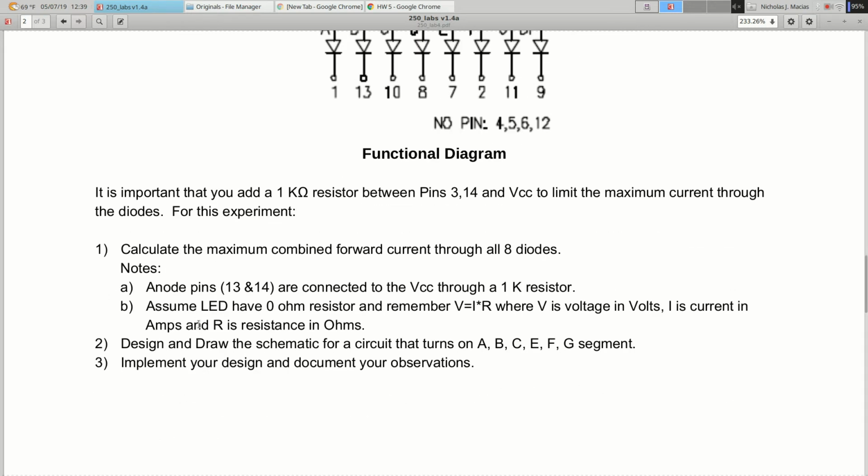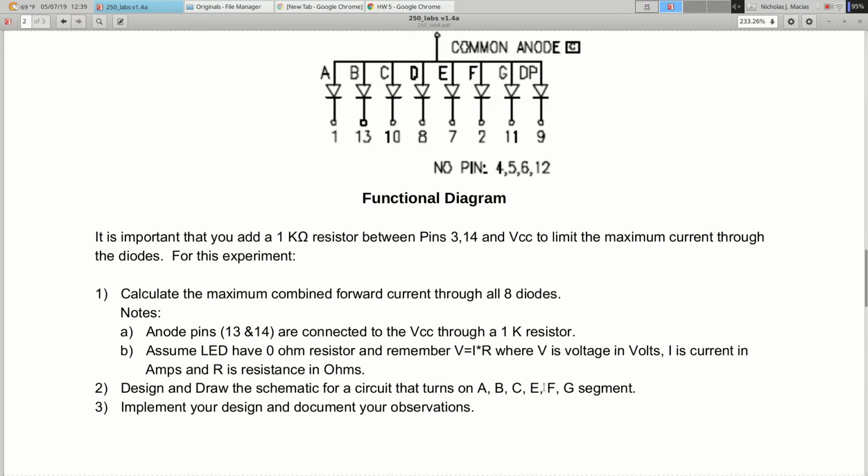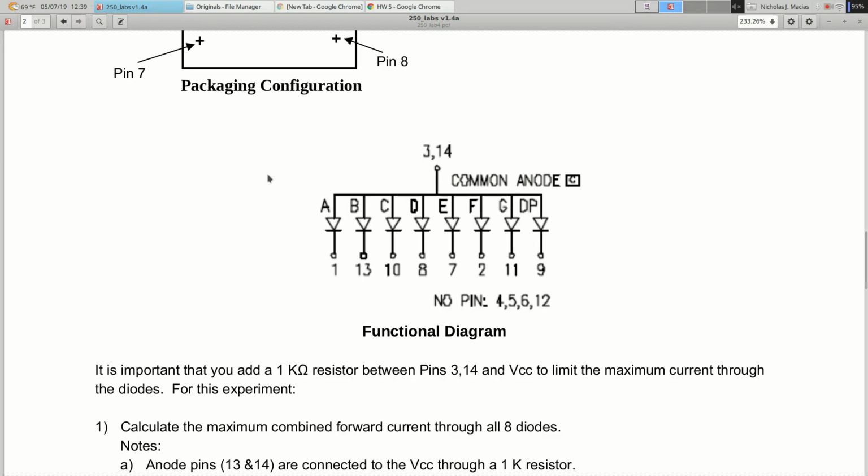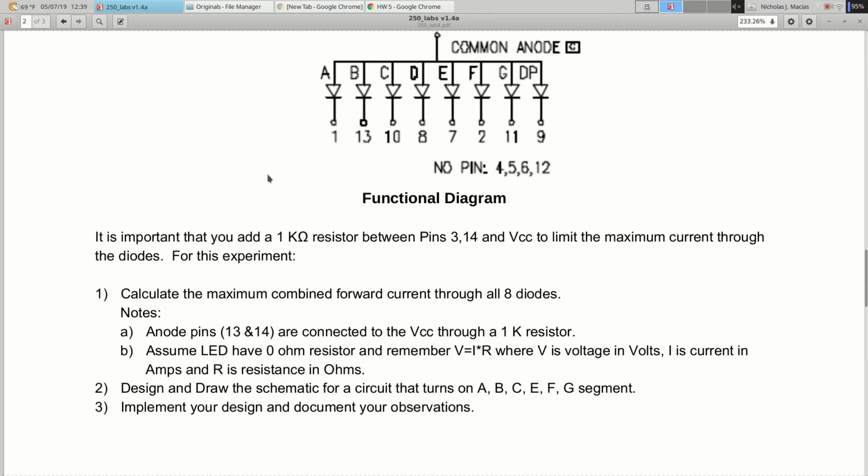Part 2, you want to make a circuit that lights up A, B, C, E, F, and G, everything except D, so it's going to look like the letter A. So you want all the LEDs to be on except for D. Sketch a circuit that would cause that to happen, and then actually build that circuit.